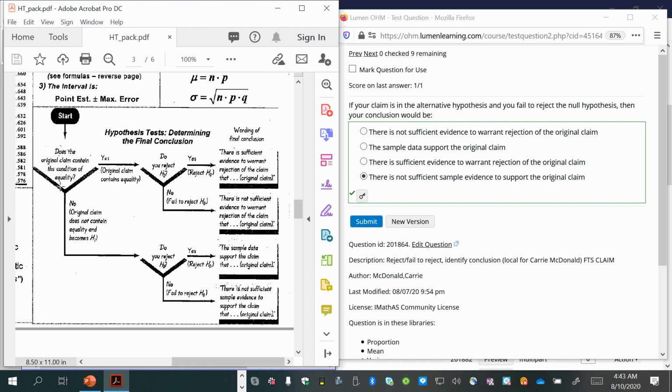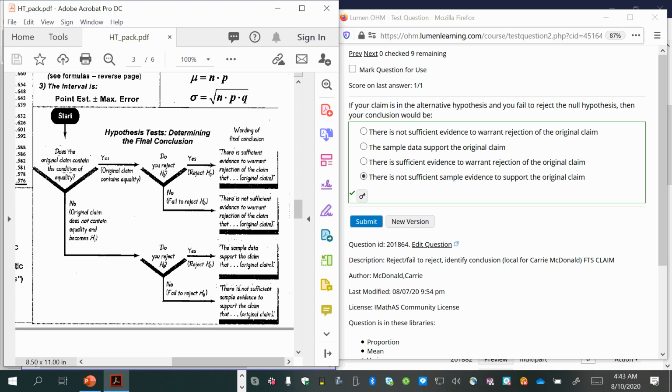The reason that is being asked is because if the claim does contain the condition of equality, so that means the claim is that it's equal or at most or at least, which would give us a less than or equal sign or a greater than or equal sign. So anything that has equality in it, not just the equal sign, that would be in the null hypothesis. So this is like asking, is your claim contained in the null hypothesis?